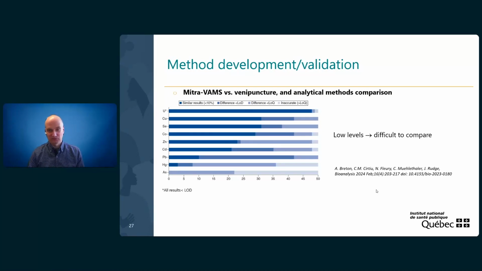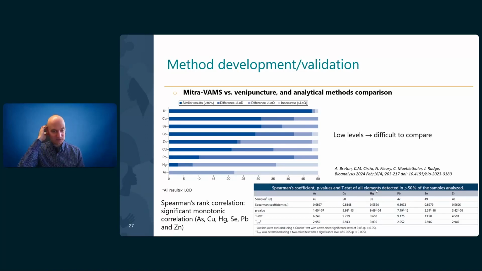For most of them, like uranium, all the results were under the detection limit, so it's just not possible to compare. But we pushed the study forward and used the Spearman rank correlation, and for 6 of those elements where the detection rate was higher than 50%, we got a significant monotonic correlation for arsenic, copper, mercury, selenium, lead, and zinc, and this is very promising.